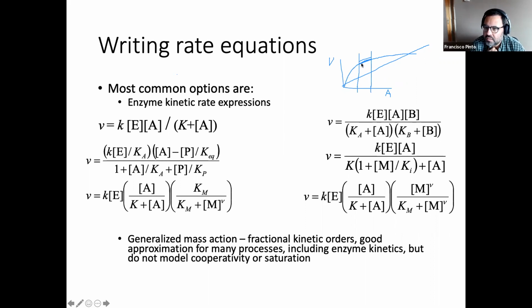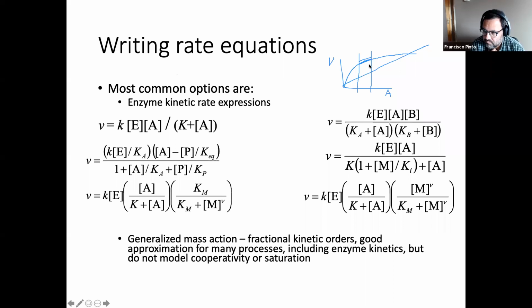So normally the rates behave within a limited range, so mass action law is able to approximate sufficiently accurately the rate of the process.